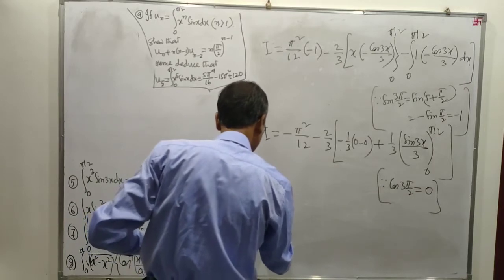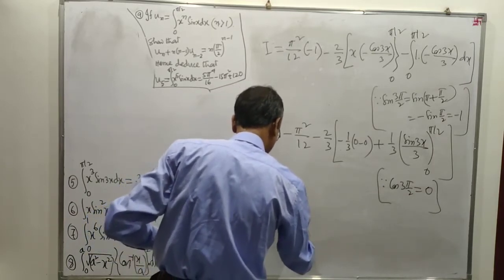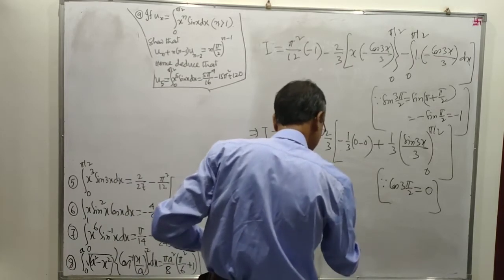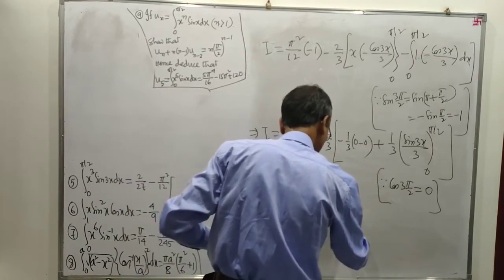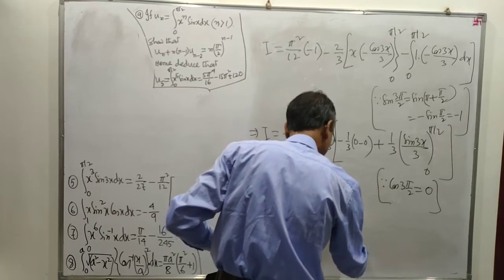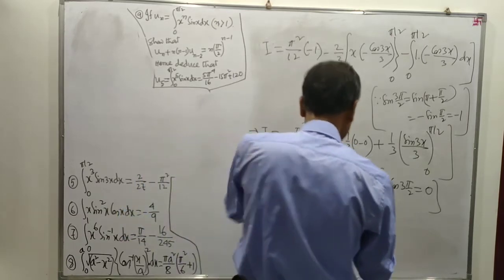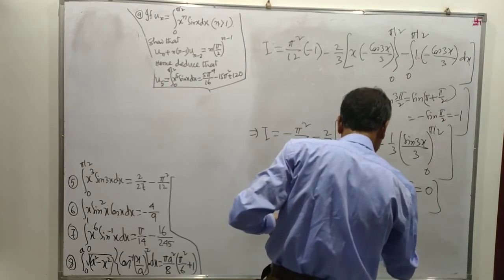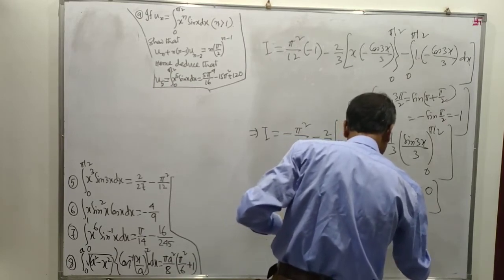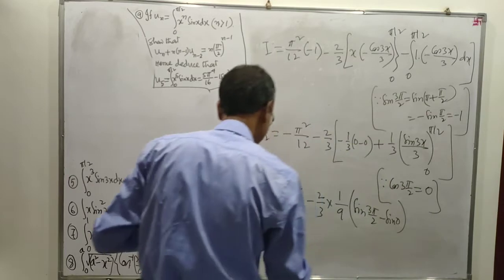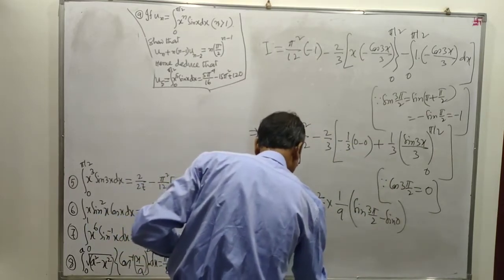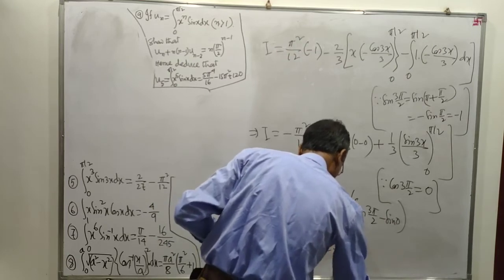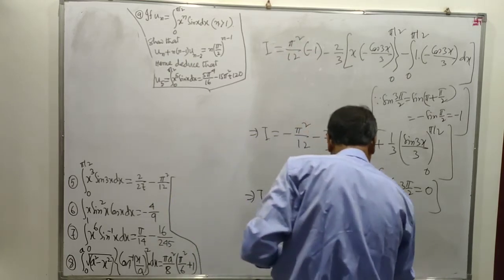This means I equal to minus pi square divided by 12 minus 2 by 3 into 1 by 9 into sin thrice pi by 2 minus sin 0, which is minus pi square by 12 minus 2 by 27 into minus 1.